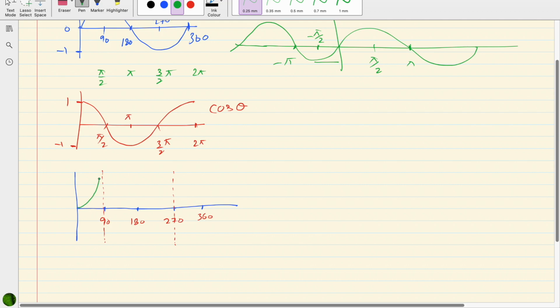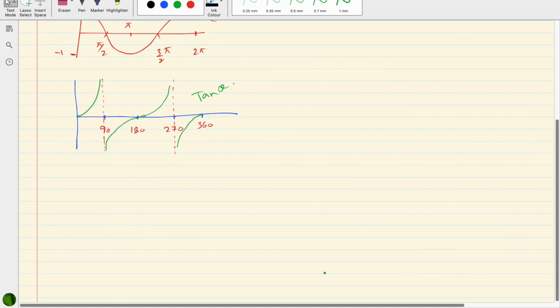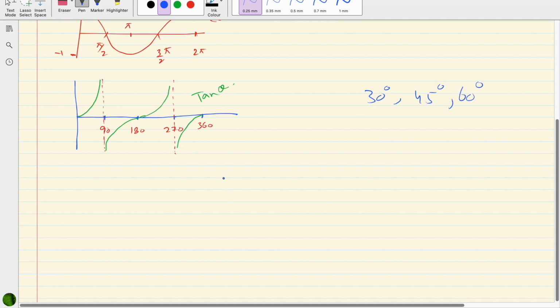It comes near this line and gets as vertical as it could, but never touches the line. So this graph is for tan theta. Amplitude doesn't matter here. And now the two triangles to answer for 30 degrees, 45 degrees, 60 degrees.